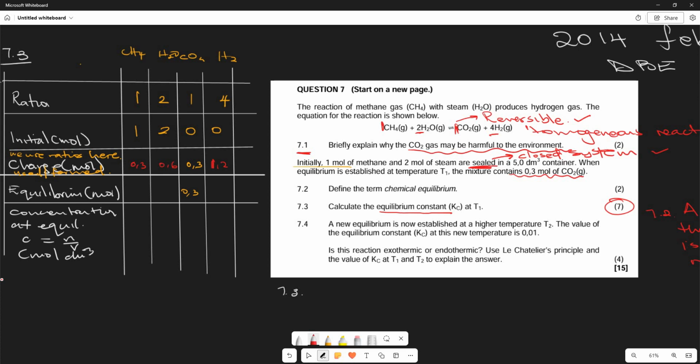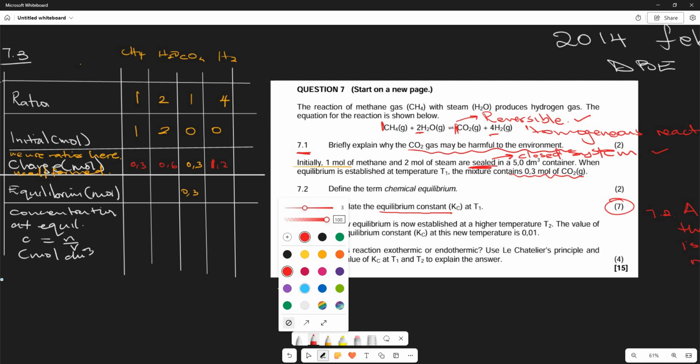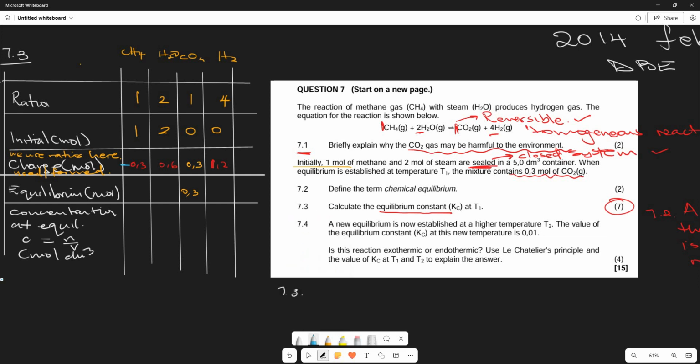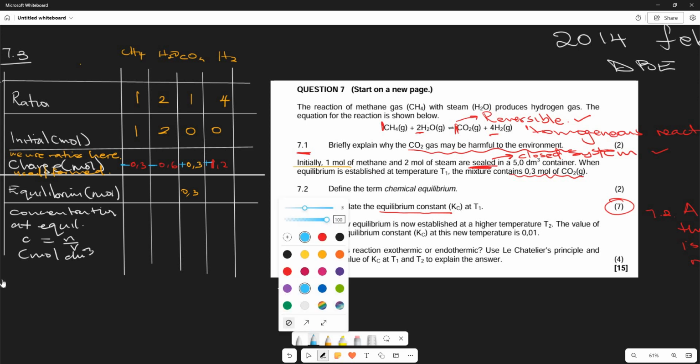Now, I want us to also state the following. If it's a reactant, it means that it gets used up, so I'm going to say minus, and all the products are being formed, so I'm going to say plus. So I'm just going to add the numbers going down.